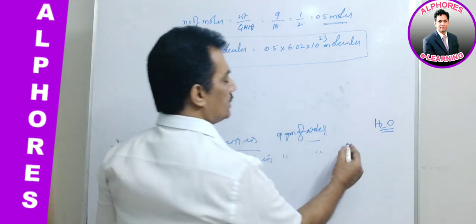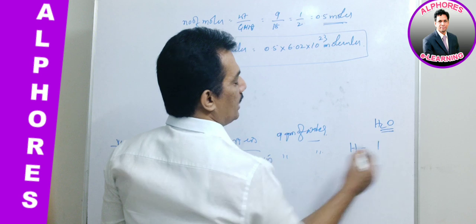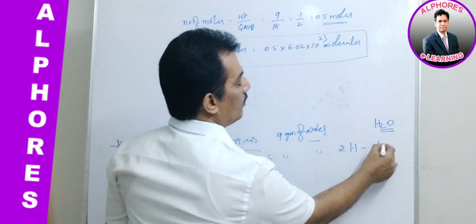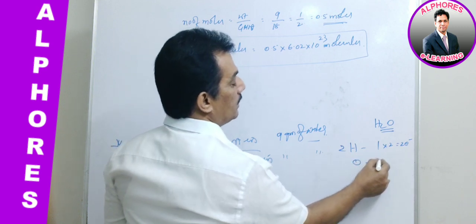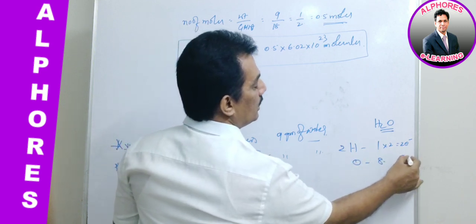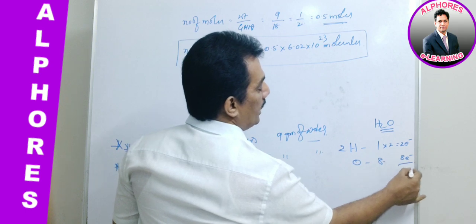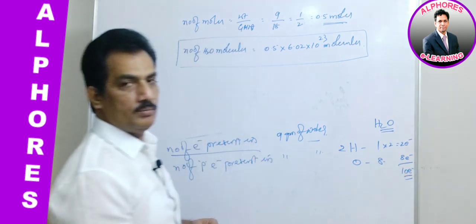Now let us go for this H2O. Hydrogen has 1 electron, so 2 hydrogens have 2 electrons, and oxygen has 8 electrons. So totally it is having 10 electrons for each molecule.